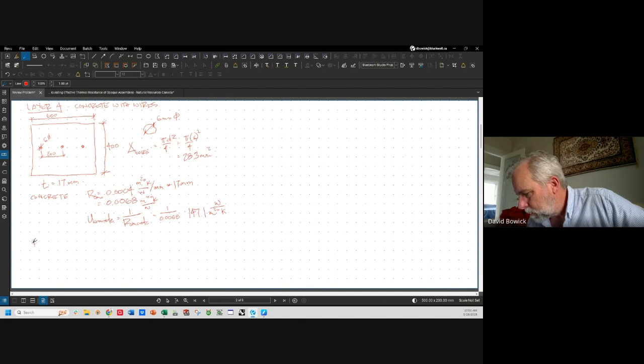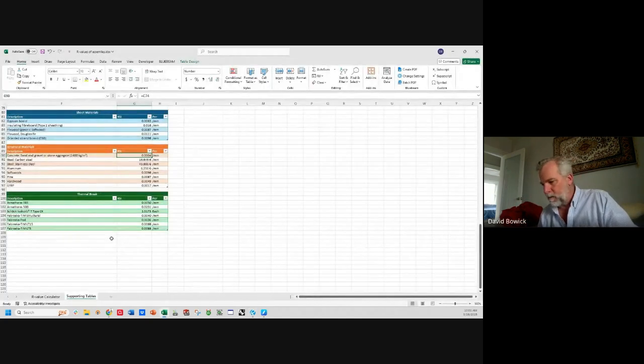Let's look at the rebar. R rebar. We're going to look it up again. Stainless steel, 49.88 times 10 to the minus 6.